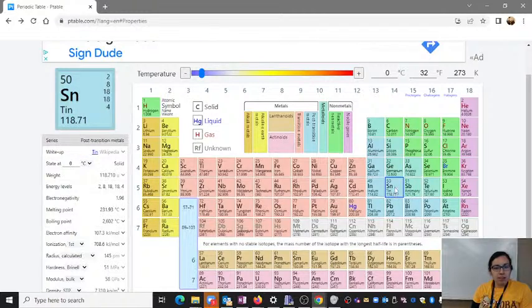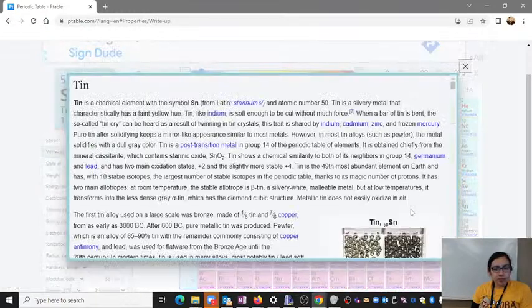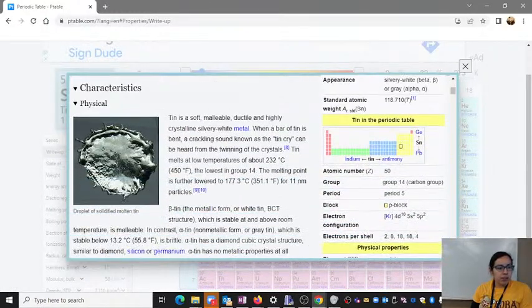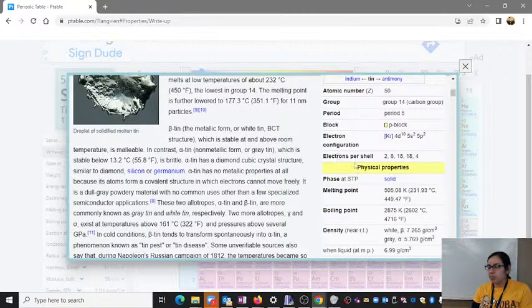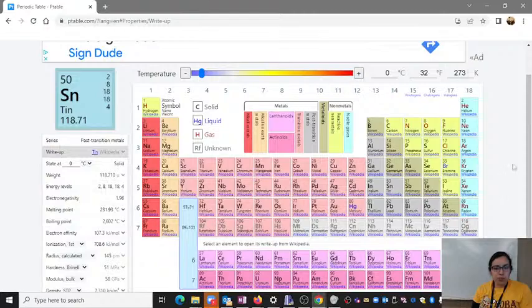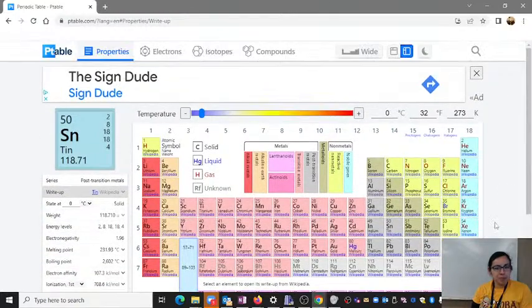Then moving down, so tin. Tin and lead start to become more toxic. Tin compounds like organotin are toxic. I do not recommend them. So again, you have to be careful with tin. A lot of these organotin compounds can cause convulsions if you were to ingest them.